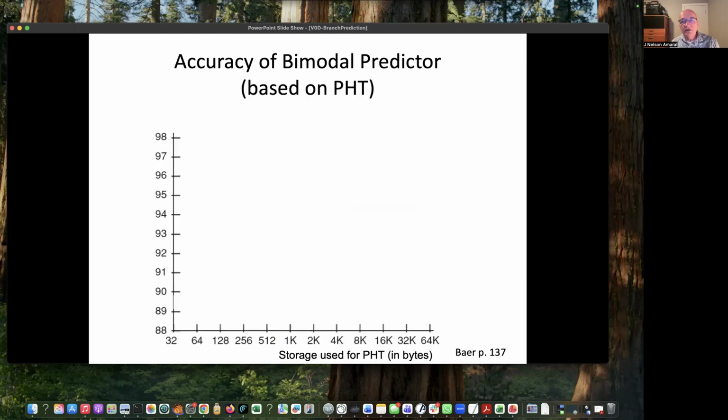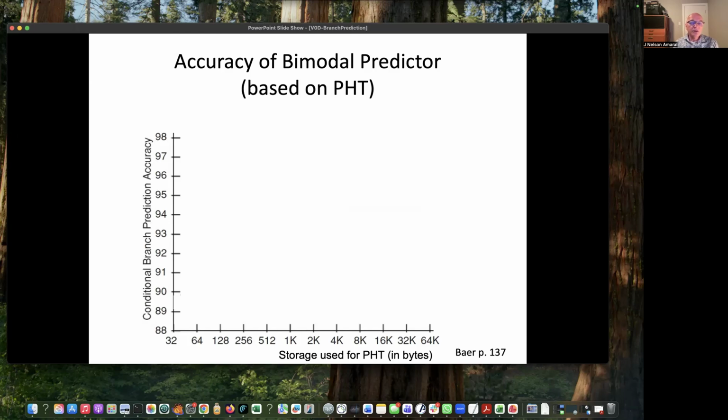So what's the accuracy of this bimodal predictor based on the PHT? We are looking at different sizes of the PHT here, starting with 32 up to 64K. I wanted to draw your attention to the fact that this graph is drawn in such a way as to emphasize the difference. In the y-axis, I'm starting at 88 and going to 98. This is not something that we should in general use to represent information graphically, but this is the way it appears in the original paper and also in our textbook.